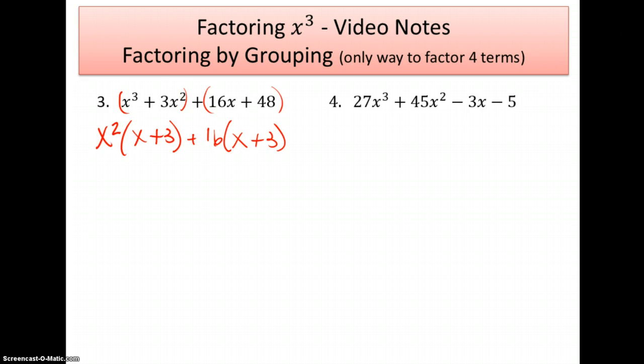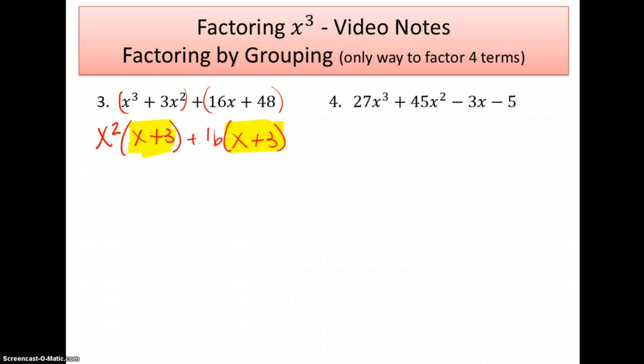Now notice that we had 4 terms, and now I have 2 terms. This one is a term, and this one is a term. Both of those terms share a common factor of x plus 3.